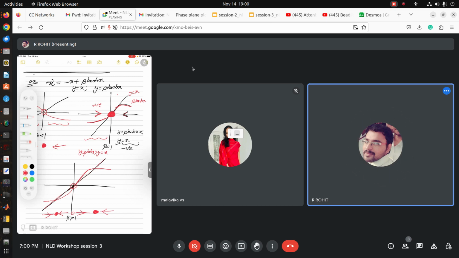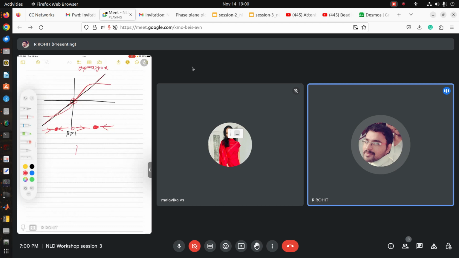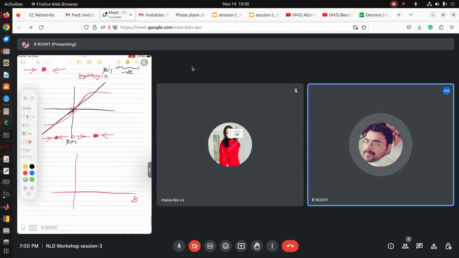So now here also, if you look at the bifurcation diagram, the bifurcation parameter is beta, because beta is what we are changing here. If you plot against x, you will see that up to beta equal to 1 you had a stable fixed point, then above this you had two different stable fixed points, and this 0 became unstable.